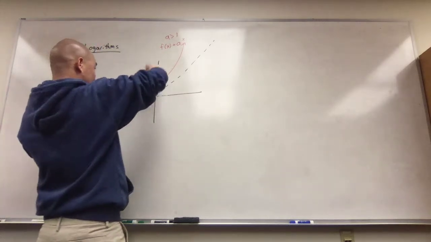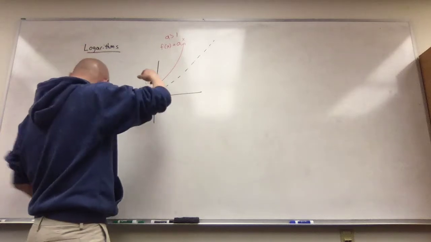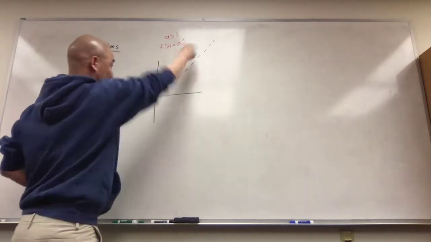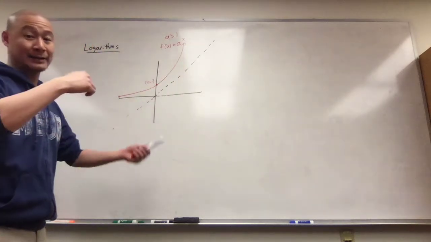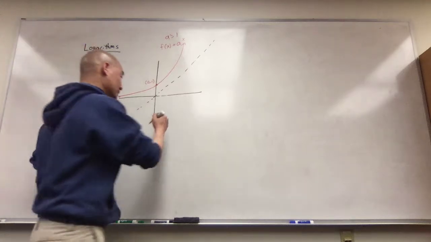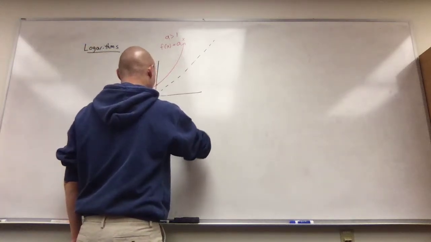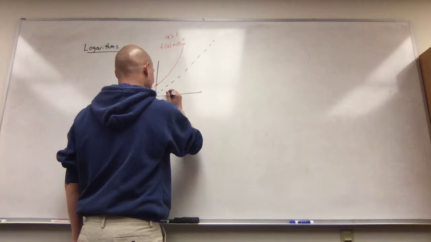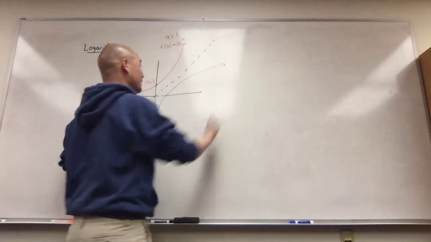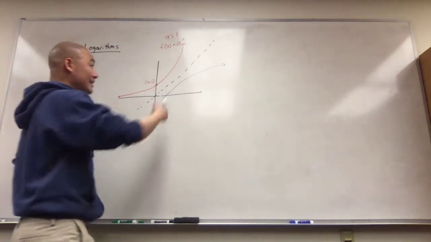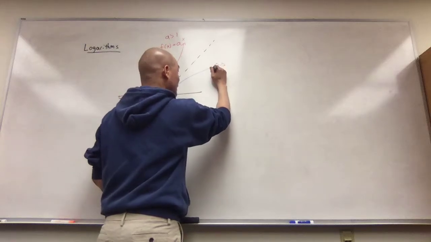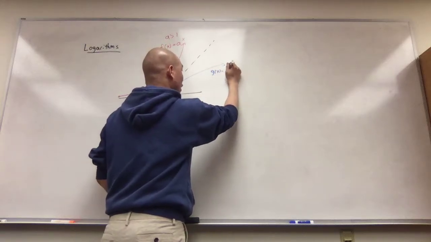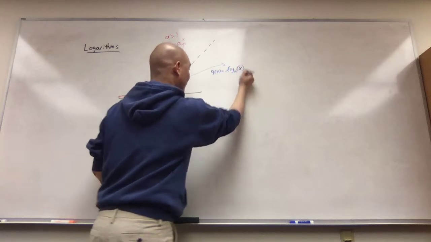And so if I take this curve and reflect it across the y equals x line, i.e. I switch the roles of inputs and outputs, what I end up with is something like this. And this function is the function g of x equals log base a of x.